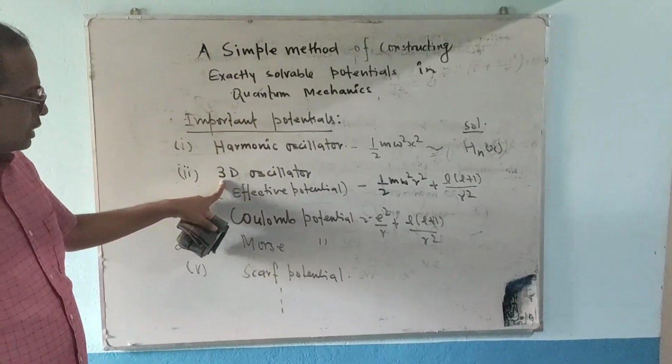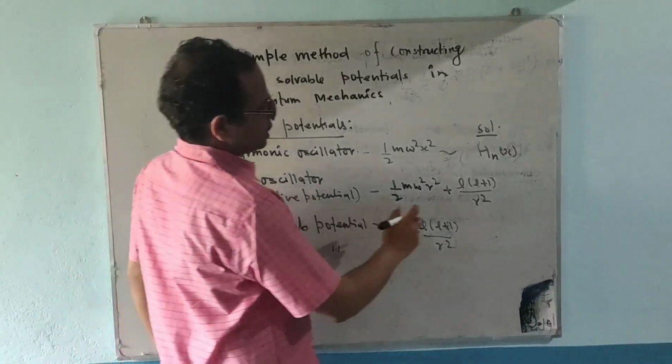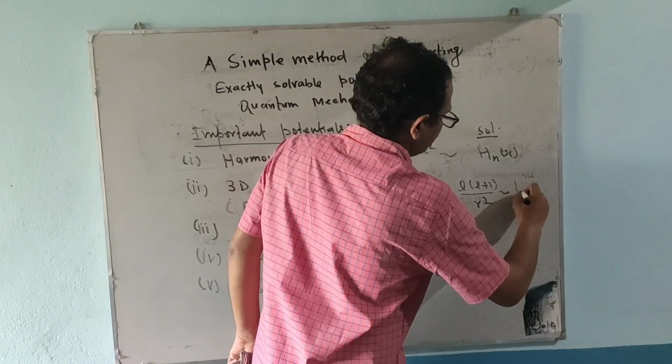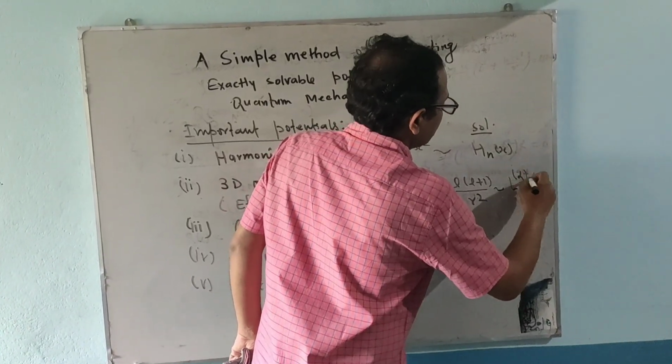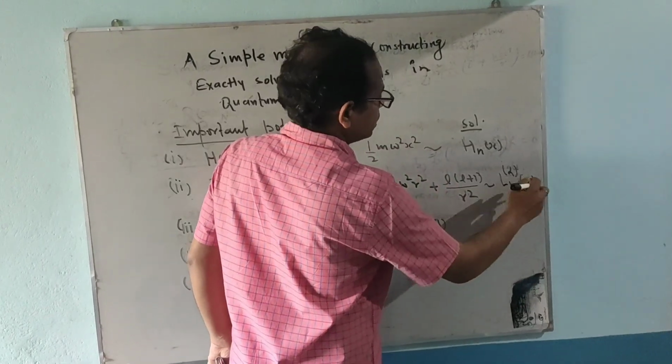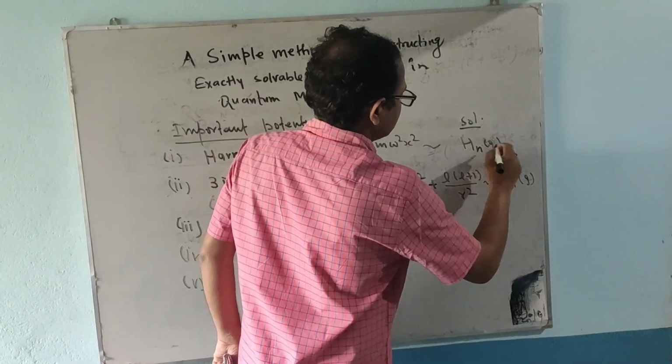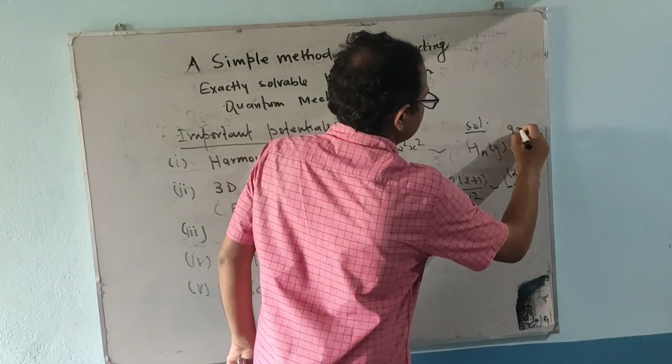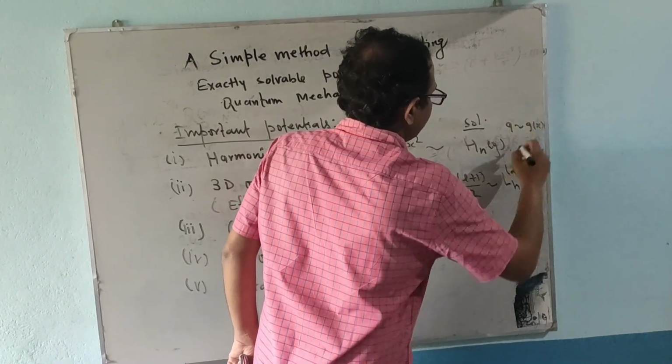Similarly, for the 3D case, we get the solution in the form of Laguerre polynomial, alpha some function g, where this g is a function of x.